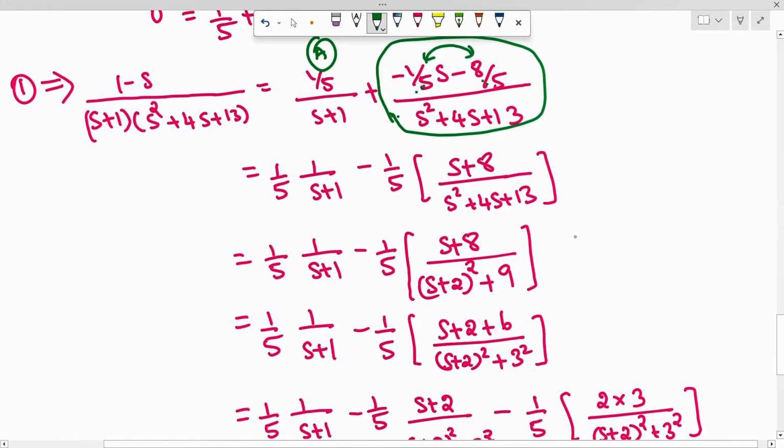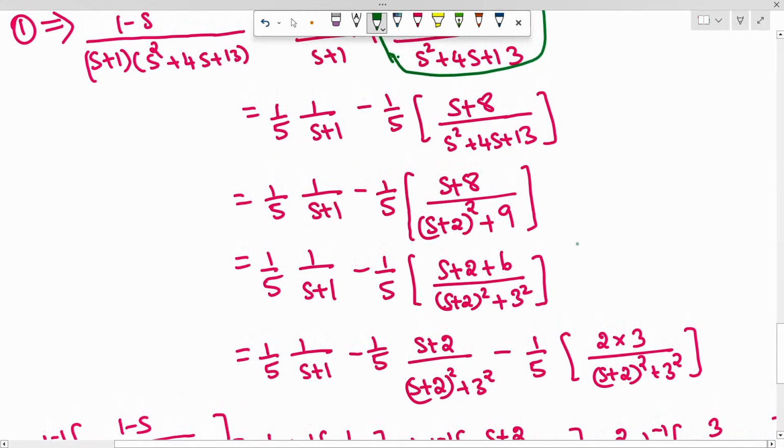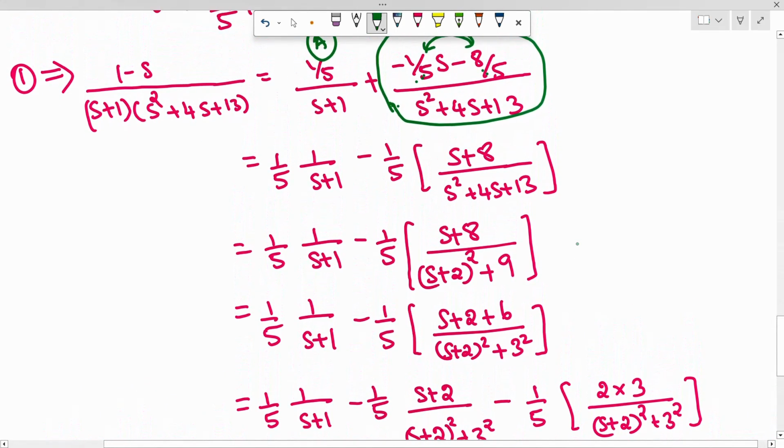Why are we writing in this form? We need the formula format, then only we can easily apply the inverse Laplace transform formula. Before we apply it, first we have to write in the formula format. S plus 8 is in the numerator. The denominator can be written as (s plus 2) whole squared plus 9, because (s plus 2) whole squared is nothing but the (a plus b) whole squared form.